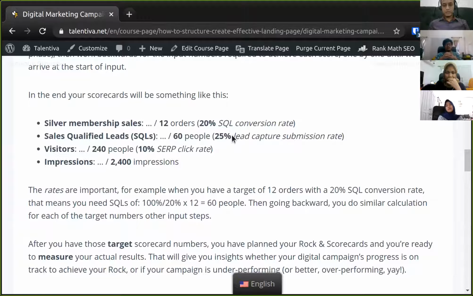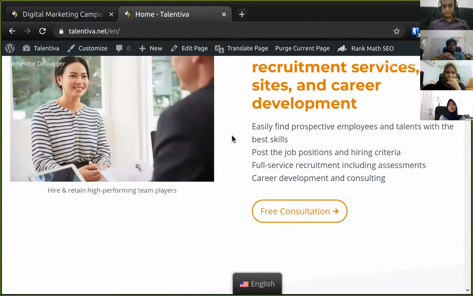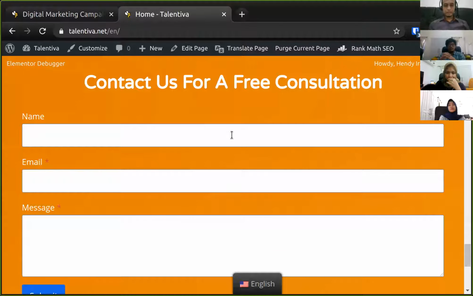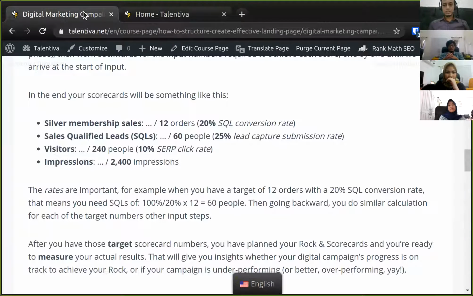I will give an example of Talentifa's own form, this one below. So imagine that for every 4 visitors, one of them fills this form. That means the lead capture submission rate is 25%.